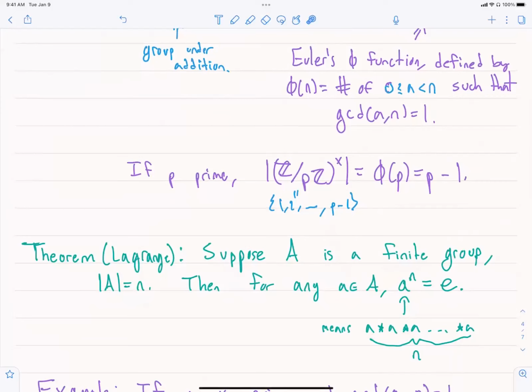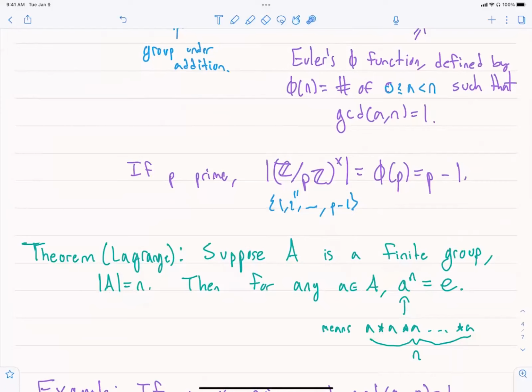So raising to the nth power just means apply the group operation n times. So in Z mod nZ cross, that's literally raising to the nth power, or like R cross in general, that's raising to the nth power. If you take the integers under addition, this would just mean multiplying by n.